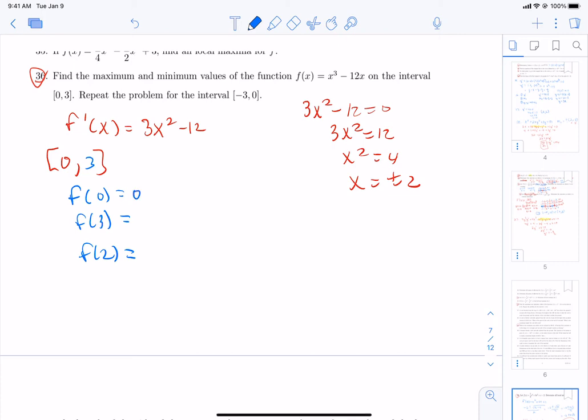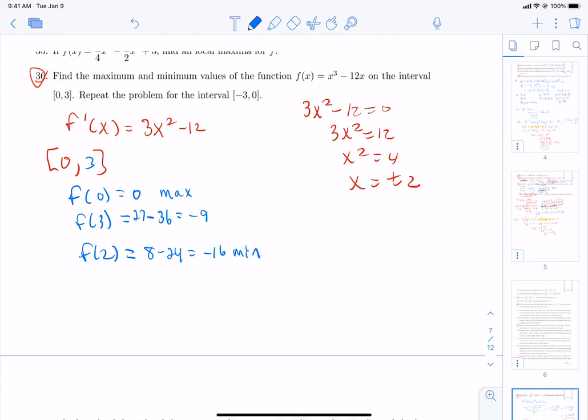If we plug 3 in, that's 27 minus 36, or negative 9. And 2 gives 8 minus 24, or negative 16. Then you just label what's the max. The largest of all of those is 0, and the minimum is negative 16.